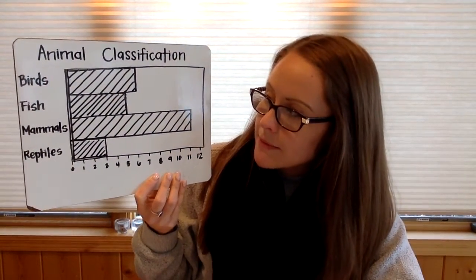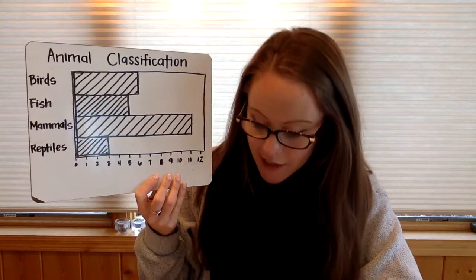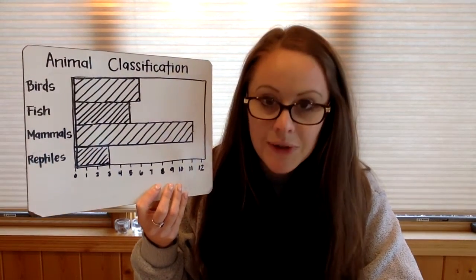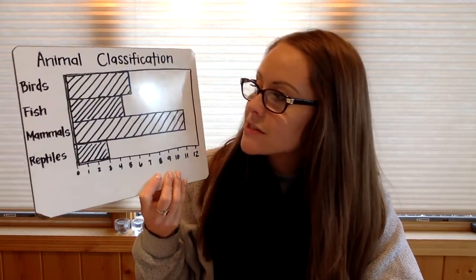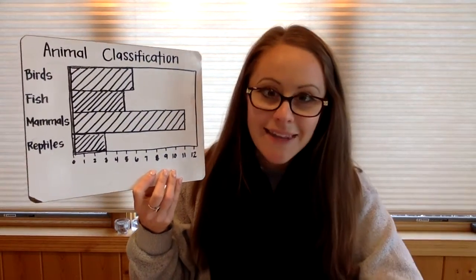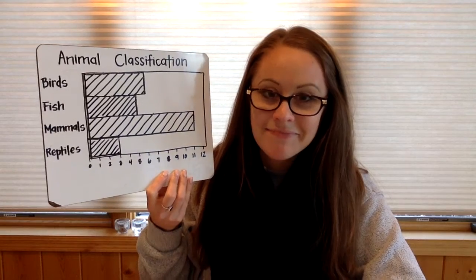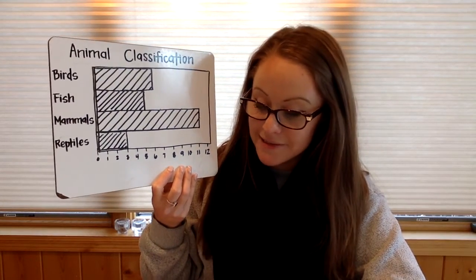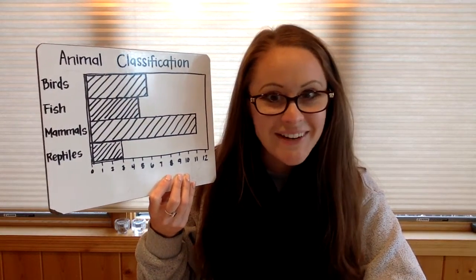Reptiles and fish, we just added that one together, remember? That one equaled 8, right? So what's the difference between 8 and 11 that we have with our mammals? 11 minus 8 is 3. Nice work.